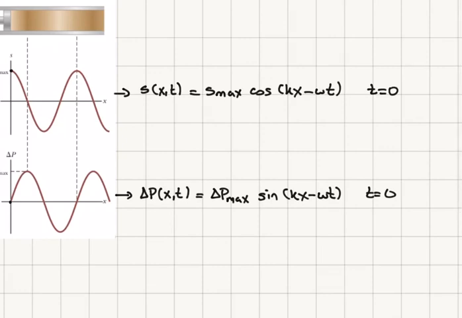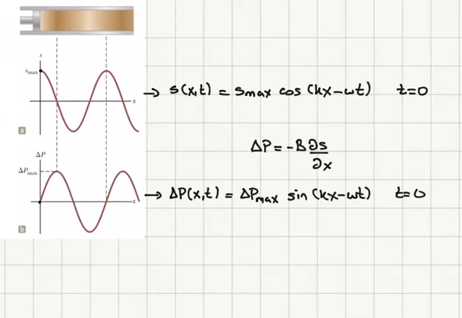Now the relationship between these two, remember, is the following. Delta P is equal to minus bulk modulus times the derivative of s with respect to x. Whenever the derivative of s with respect to x is negative, the change in pressure has to be positive. So I notice that the derivative of s with respect to x in this region is going to be negative.